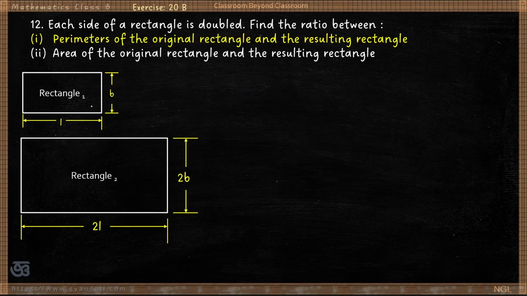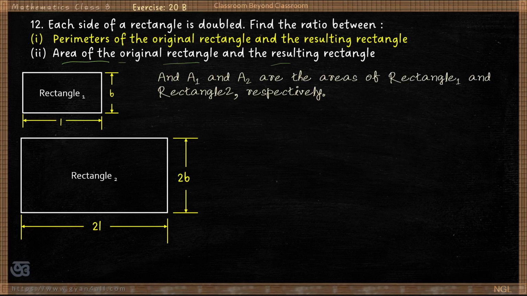Number 2 is to find the ratio between the area of the original rectangle and the resulting rectangle. So here we can consider, say, A1 and A2 are the areas of rectangle 1 and rectangle 2 respectively.